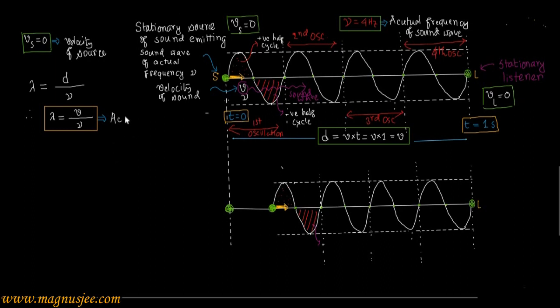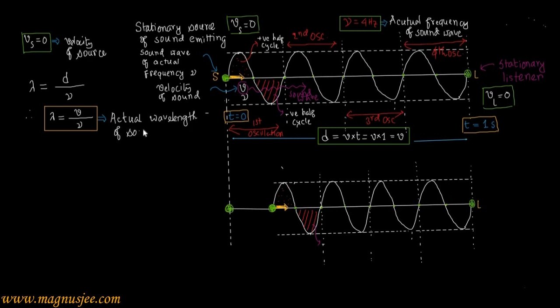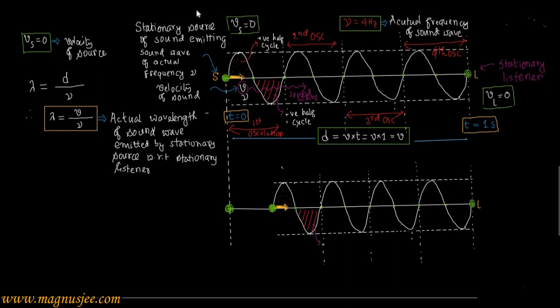Lambda is equal to v by nu, velocity by frequency, which is the actual wavelength of the sound wave emitted by the stationary source of sound with respect to the stationary listener.